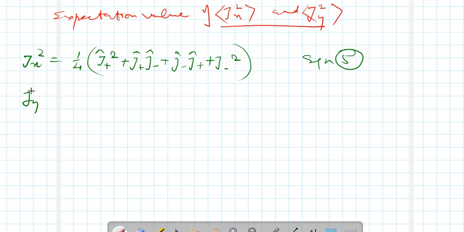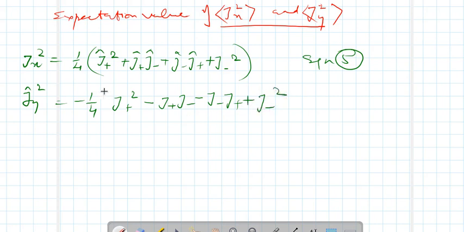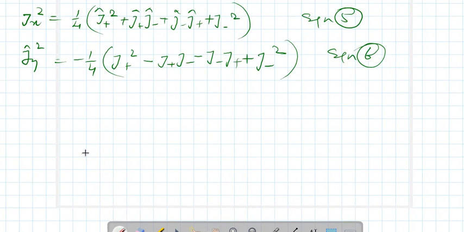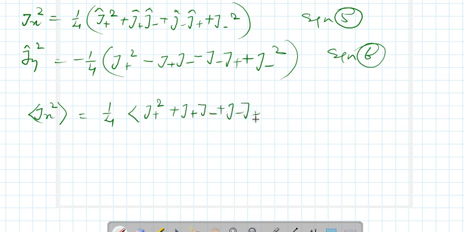Similarly, we know that jy square is equal to minus 1 by 4 (j plus square minus j plus j minus minus j minus j plus plus j minus square). This is equation number 6. Now consider the expectation value of this. It is the expectation value of j plus square, j plus j minus, j minus j plus, and j minus square.